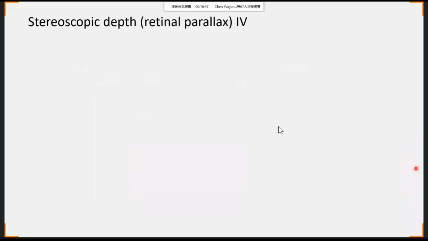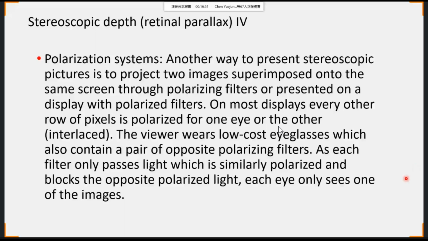There are other methods. The polarization systems. This is another way to present stereoscopic pictures. And here, two images are superimposed onto the same screen through polarizing filters, or presented on a display with polarized filters. So different ways to do it.